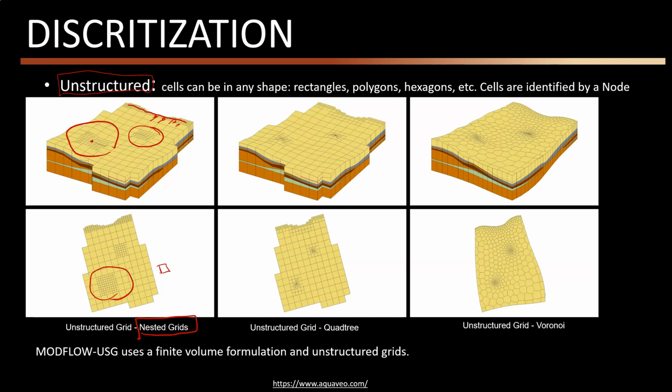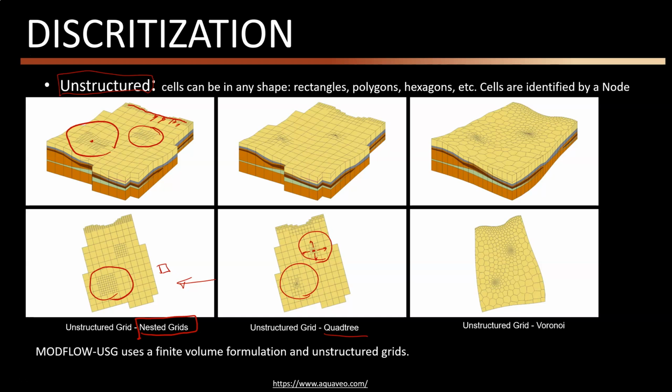The other one is quad tree. It is pretty similar to this idea, but the discretization is different. So, for example, if this is the well, as you go away from the well, or the point of interest, the resolution decreases, or the cell size increases. This is one way that we call quad tree.